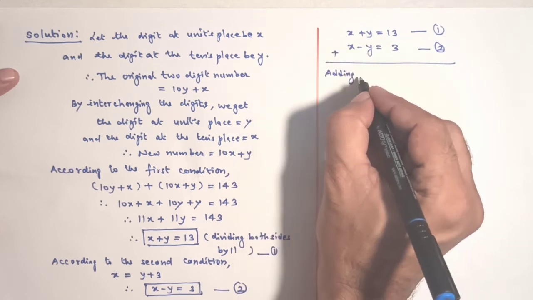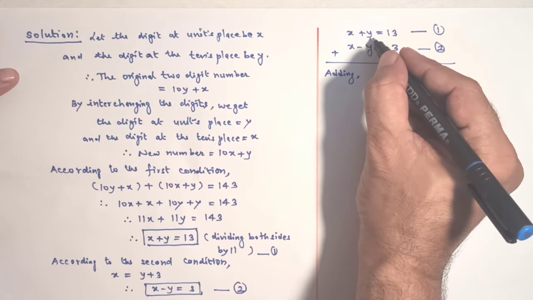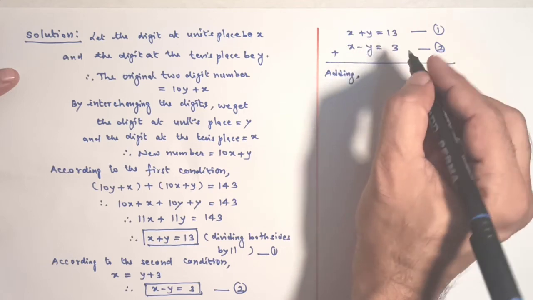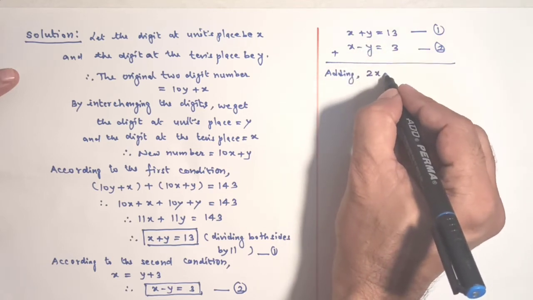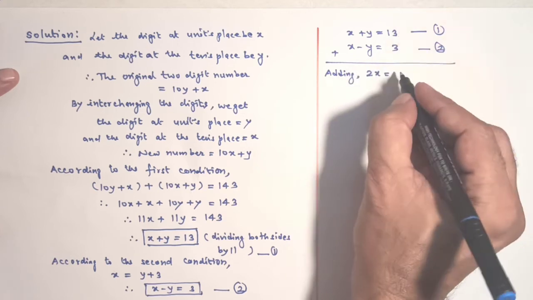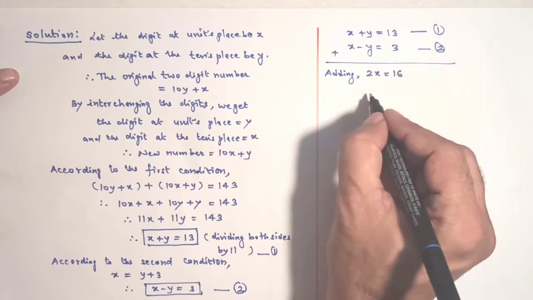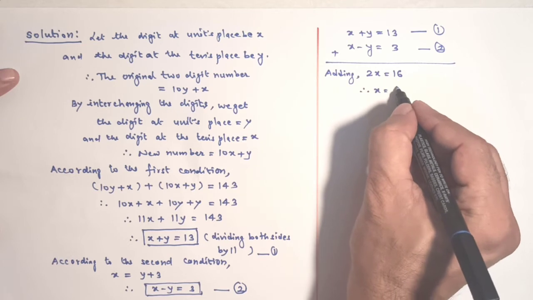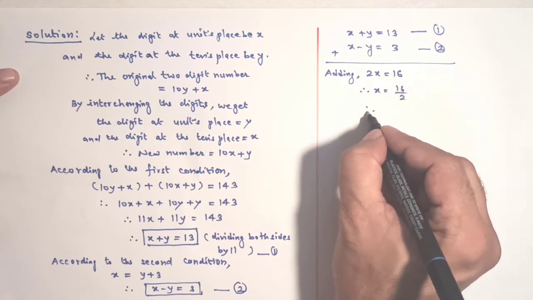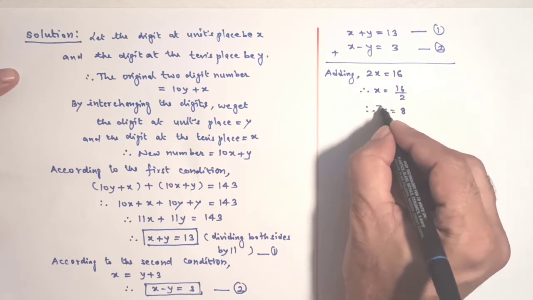When I add, this minus y and plus y get cancelled and I'll get 2x is equal to 13 plus 3, that means 16. Therefore x is equal to 16 upon 2. Therefore x is equal to 8.